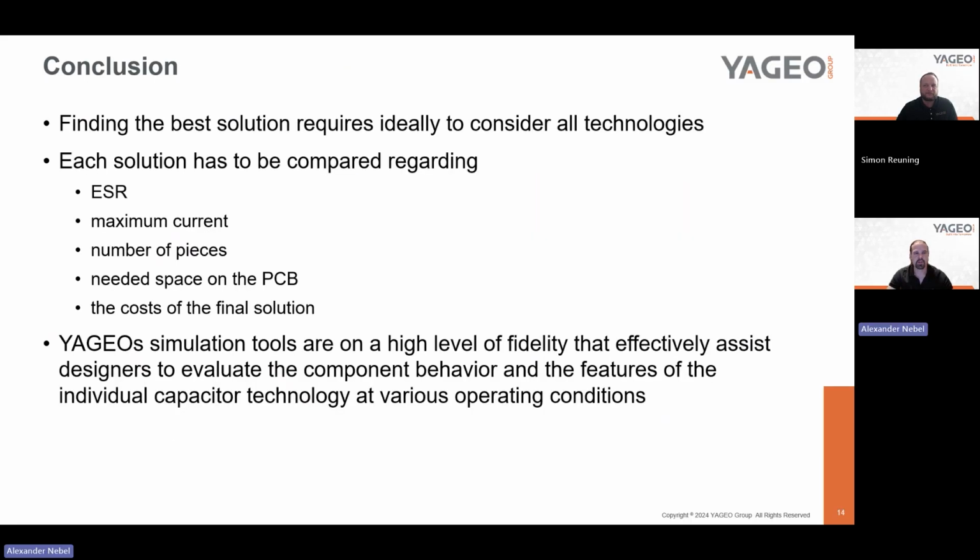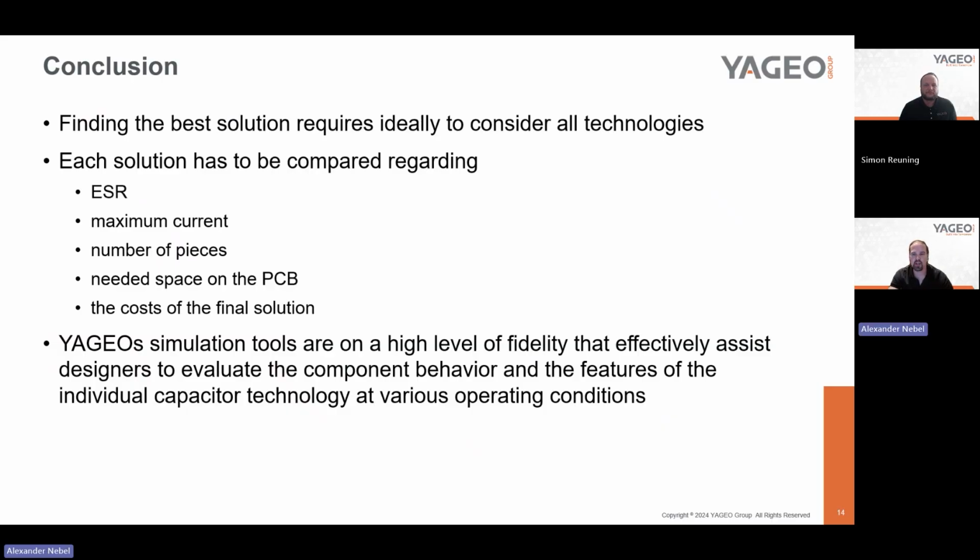So let's come now to the conclusion, and I hope this helps everyone to understand how to find the right capacitor. Because finding the best solution ideally requires considering all technologies, not just one technology. And we need to compare each solution regarding the ESR, the maximum current, the number of needed pieces, if more than one is needed, but also the needed space on the PCB, and last but not least, the cost of the final solution.